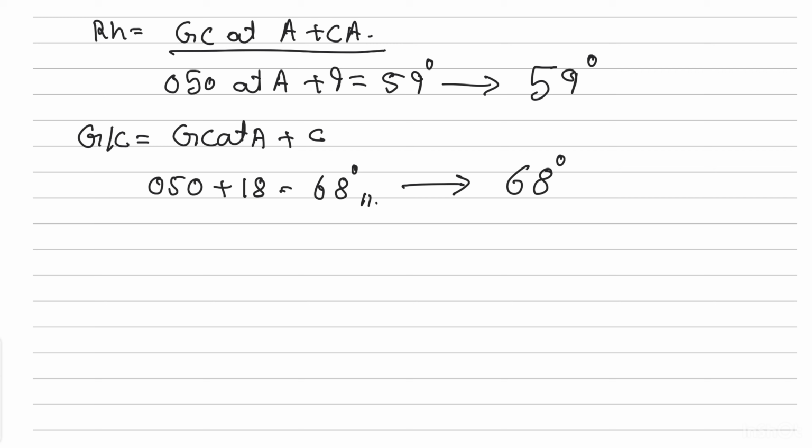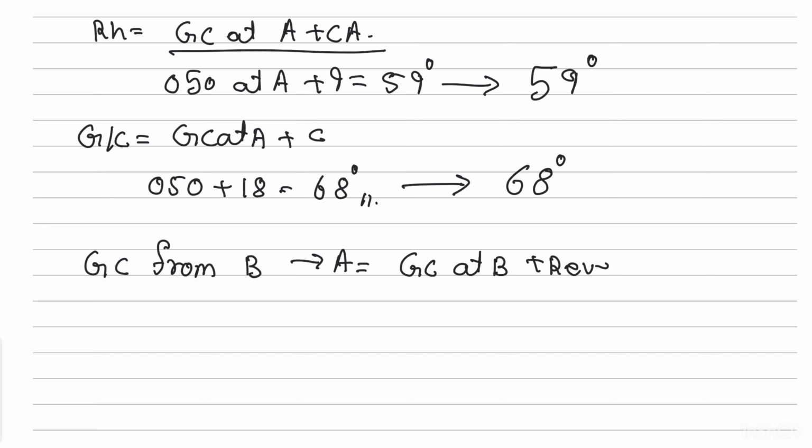Okay, so 59 and 68. Okay, so great circle from B to A is how much? Somewhere 248. Yes, I think 248. 64 plus 180, so 248.